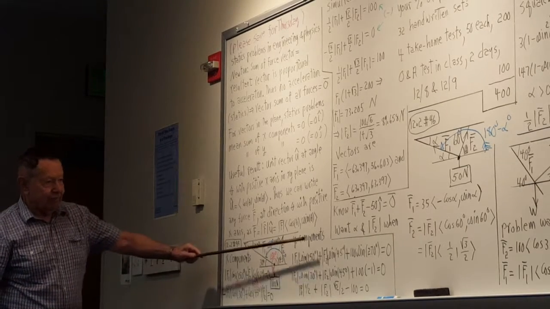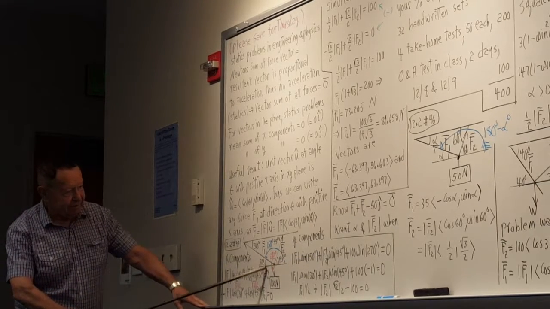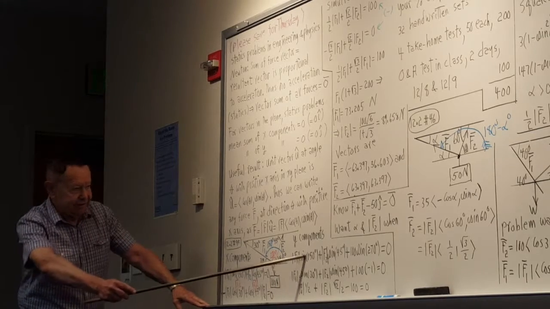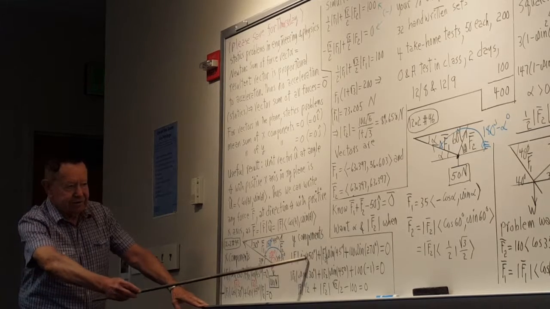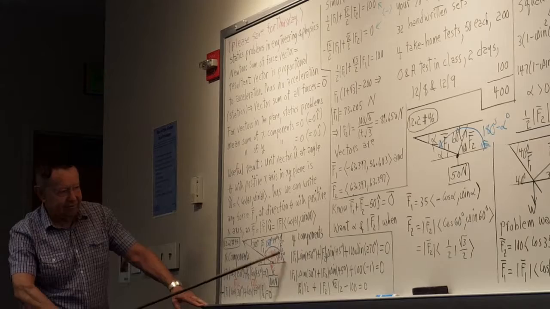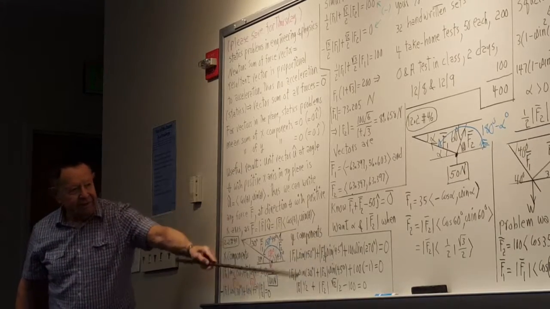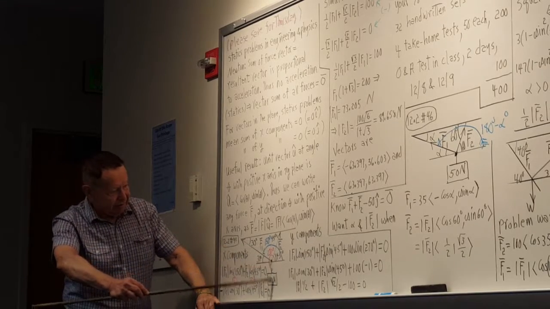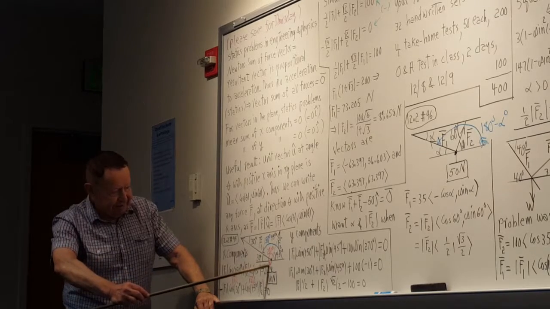In the same way for the Y components, you have the two that are pulling upward, magnitude F1 sine of 150 degrees, which is the same as sine 30, plus magnitude F2 sine 45, and then you have the third force, which is angle of 270 degrees.